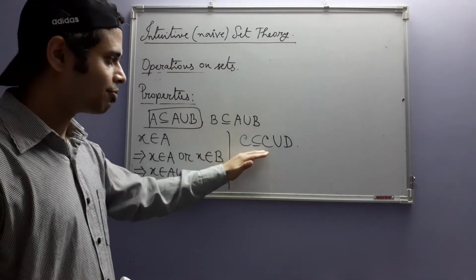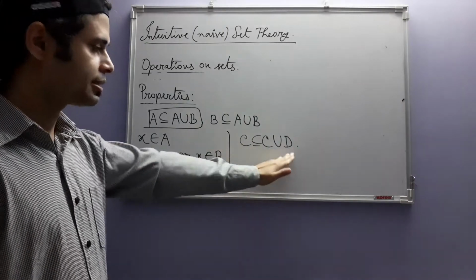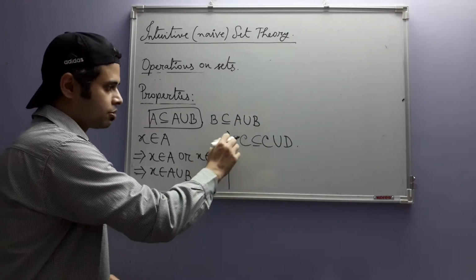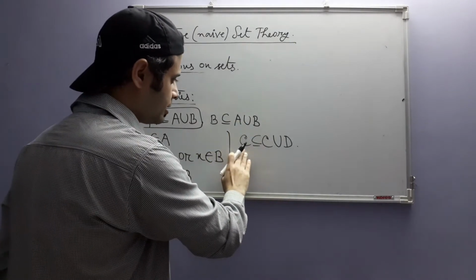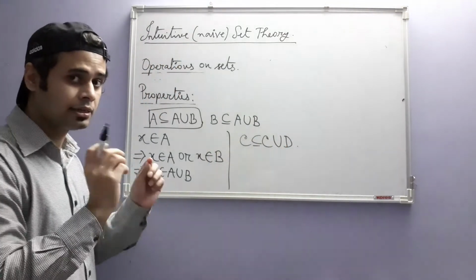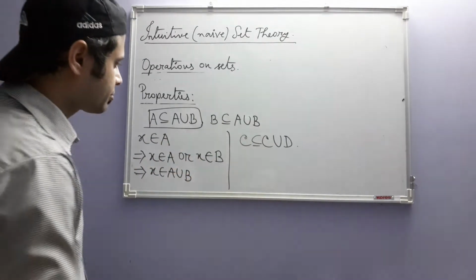As long as the form of the formula is true, what name I am assigning to these sets does not matter. Okay, so C is any set, D is any set. Any set is contained in the union of that set with another set. That is the law. These names A, B, they don't matter.